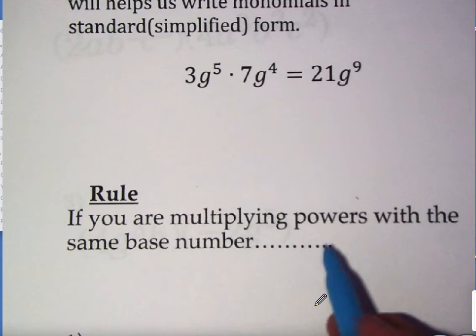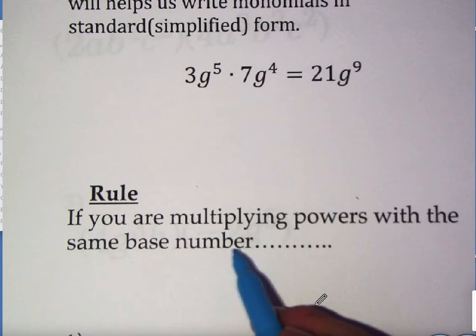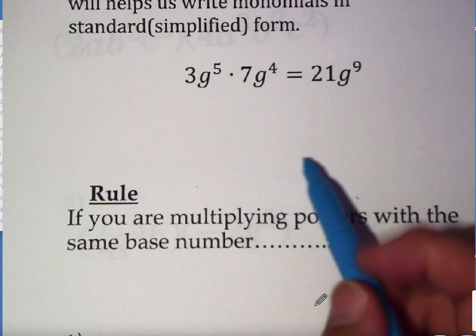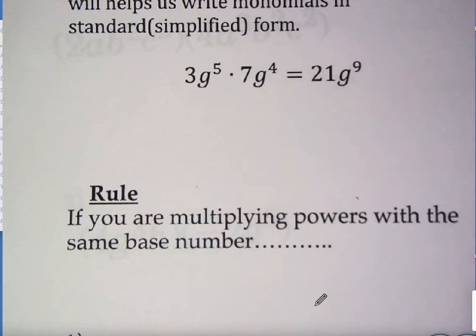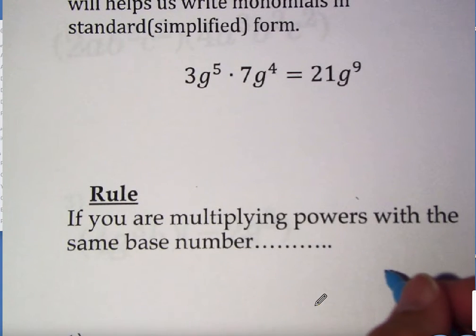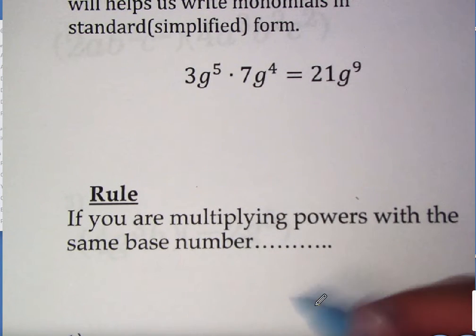If you're multiplying powers with the same base number, so these both have g's, what do we do? A lot of people say add, right? But no, they give me more specific.